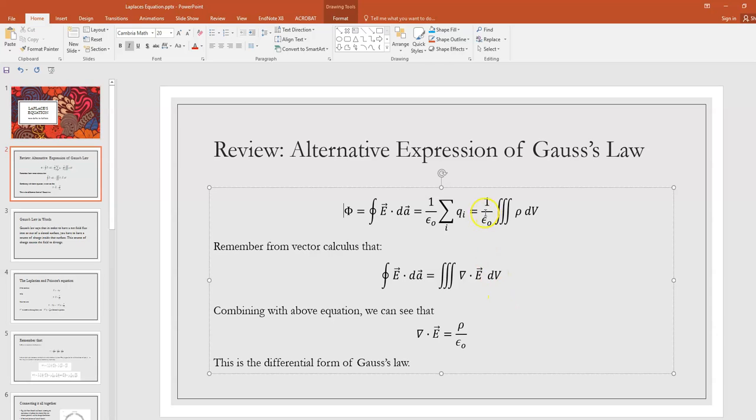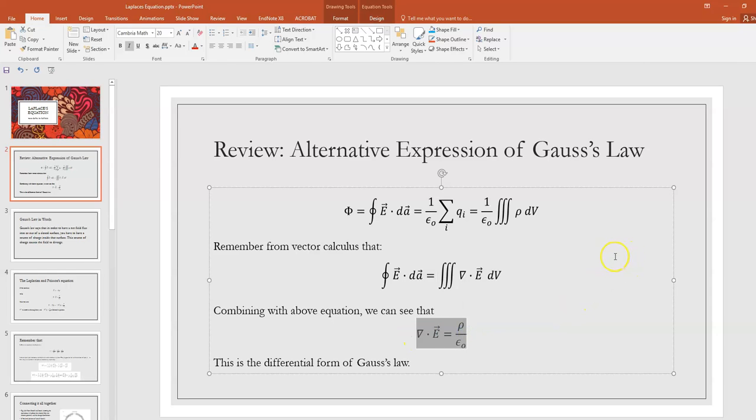So, since we have here the triple integral 1 over epsilon naught triple integral of rho dV equals this area integral over the closed surface of E dot dA, and since E dot dA is equal to the gradient operator dotted with E integrated over that closed surface, then that means that we can set this triple integral of del dot E over the volume equal to the triple integral of rho over epsilon naught over the volume, okay? And that gives rise to this differential form of Gauss's law.